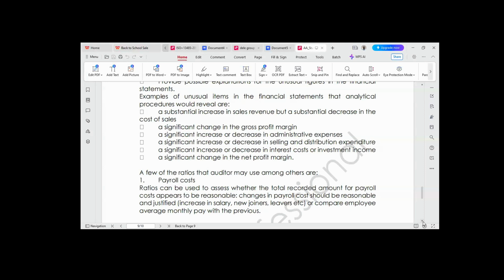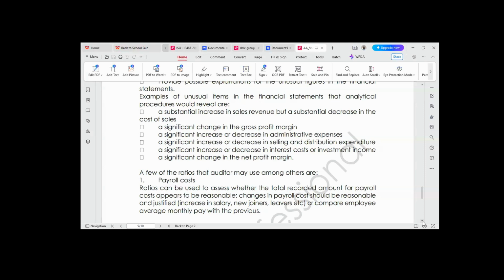So you need to look at the payroll. You look at your payroll cost. You compare it with last month. How much did you pay last month? How much are you paying now? Sometimes when you're looking at your payroll, you can look at it vis-a-vis your profitability.